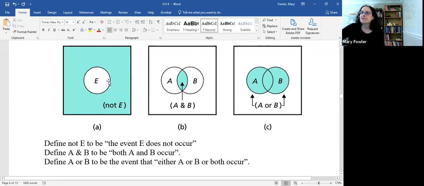All right, this event here, the green on the outside, is the event not E. If we have an event E, this is called a complement event. The complement of E is not E, and it's the list of all of the outcomes in the sample space other than the outcomes that are in the set E.